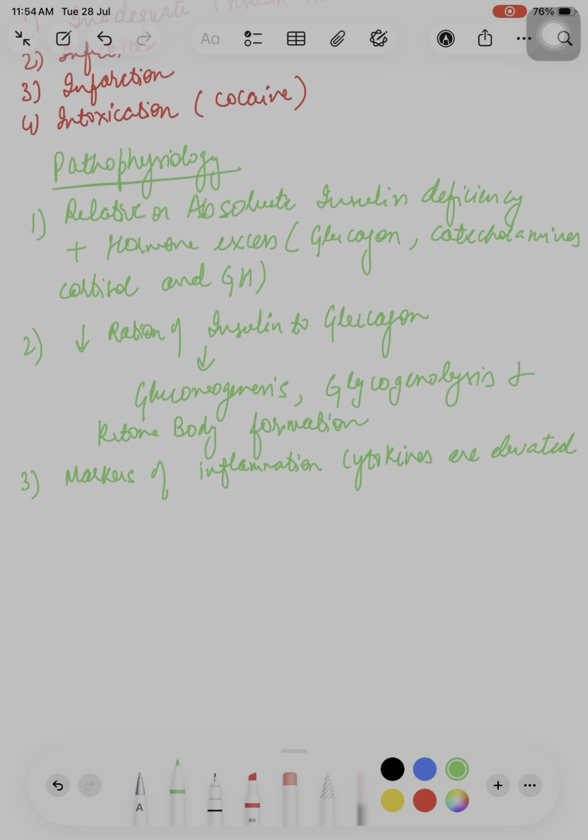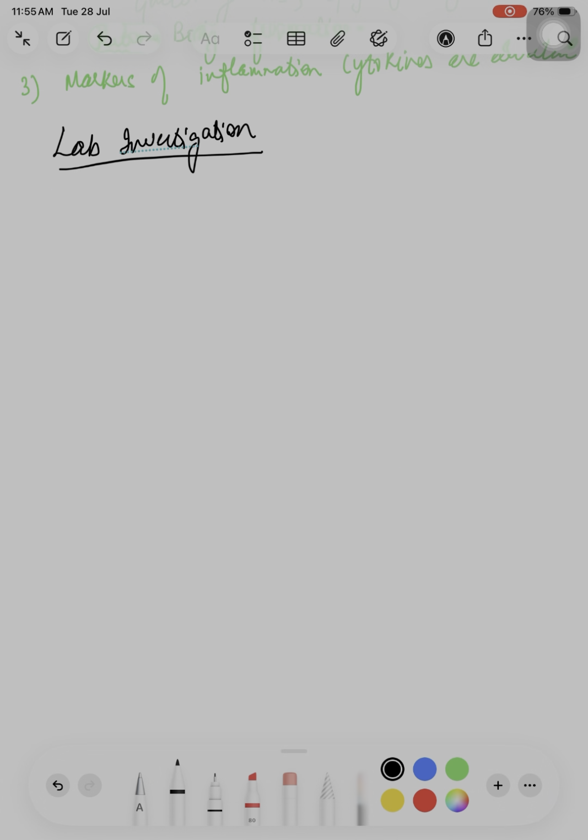Next we'll start with the laboratory investigations, right? As we know, in diabetic ketoacidosis there are 3 things: first is hyperglycemia, second is ketosis, and third is metabolic acidosis. So we will first investigate for glucose.